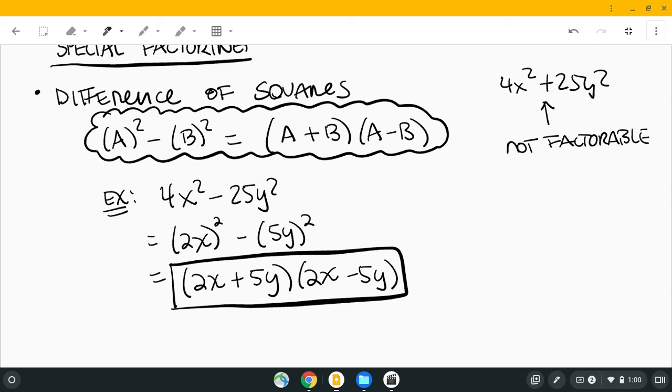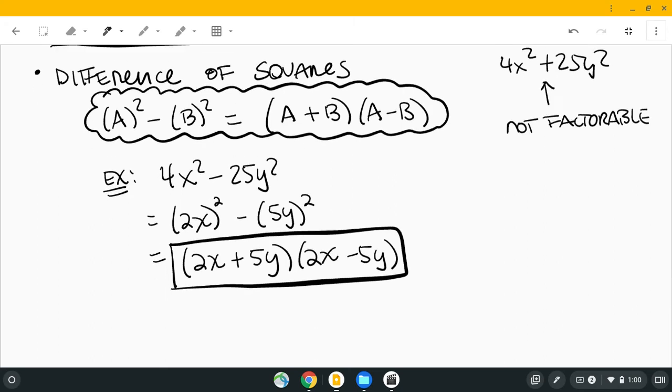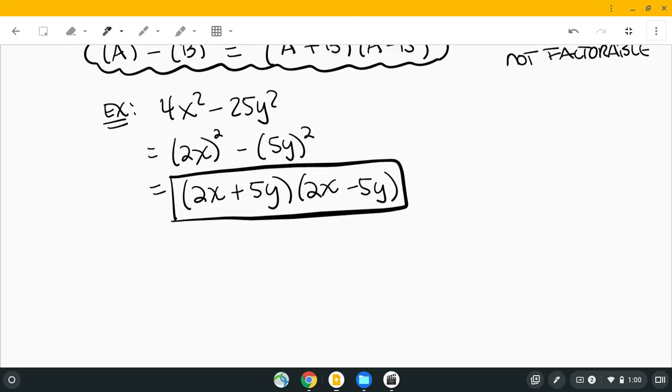It's factorable under the imaginary or complex number system. You end up with i's, imaginary. All right, but for cubes, we do have sum and difference of cubes that are factorable.